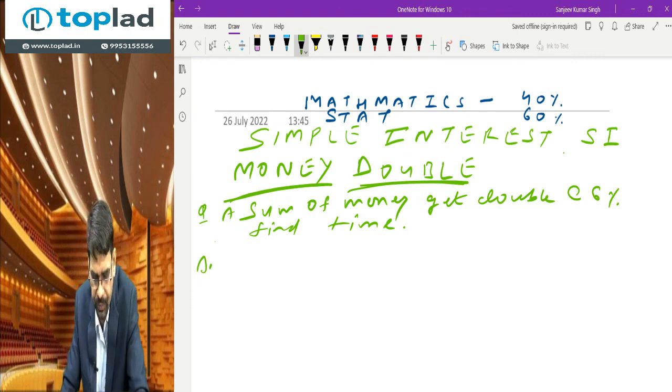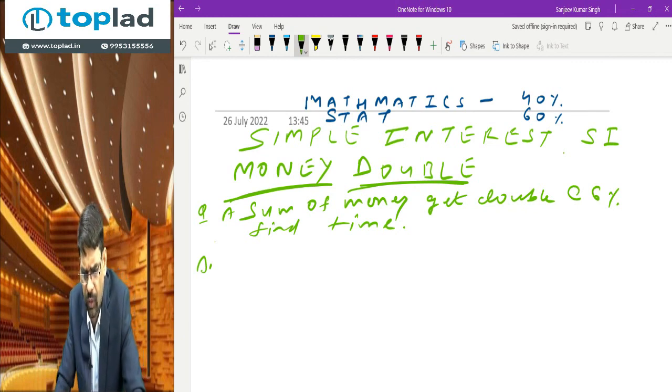Find time. How much time until we get the double amount? Let's say we have 1 lakh rupees, we will get 2 lakh rupees. If we have 1 crore rupees, we will get 2 crore rupees.